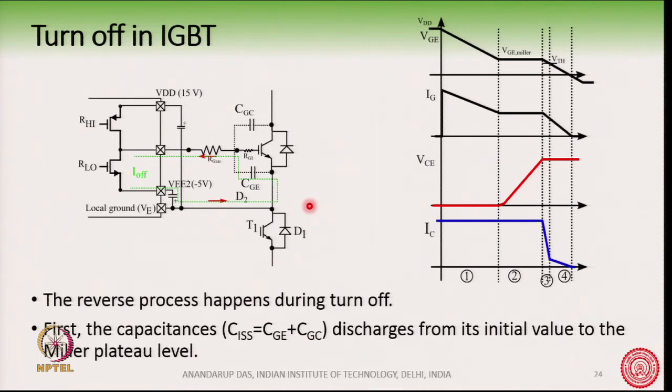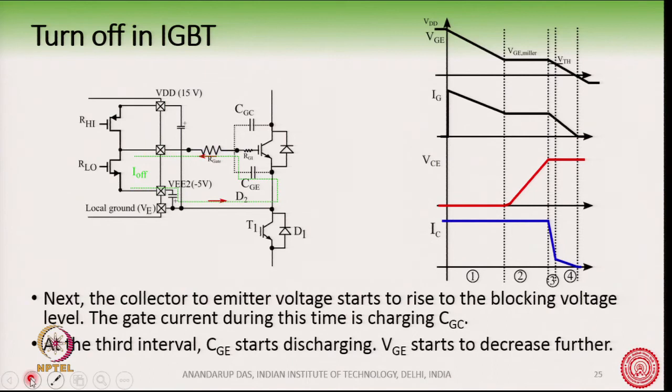Again, there are 4 stages during turn off. Okay. So, the capacitance initially, this CISS, both of them are discharging from its initial value to the Miller plateau level, and then like the previous way, in the second stage VC voltage is rising, whereas the current is still maintained.